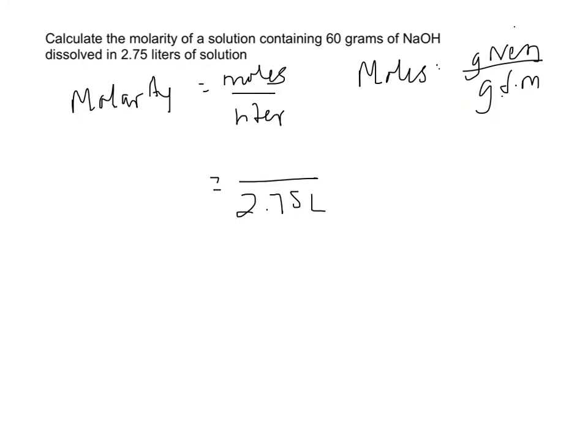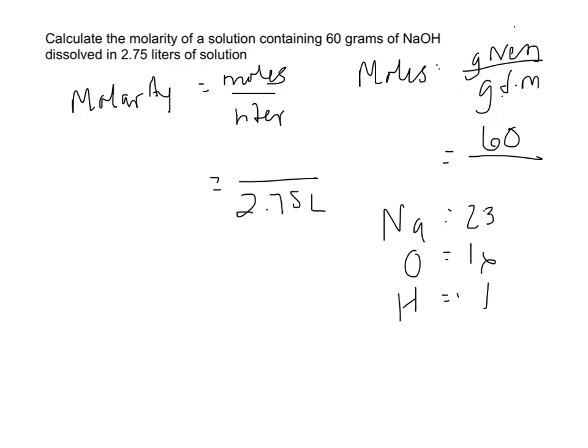So now we're going to have to go over to the moles equation. In the moles equation, we know that we were given 60 grams of sodium hydroxide. Now, from here, we can calculate the gram formula mass of sodium hydroxide, which is 40.